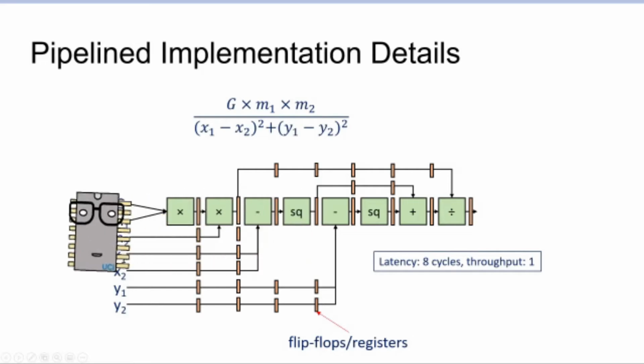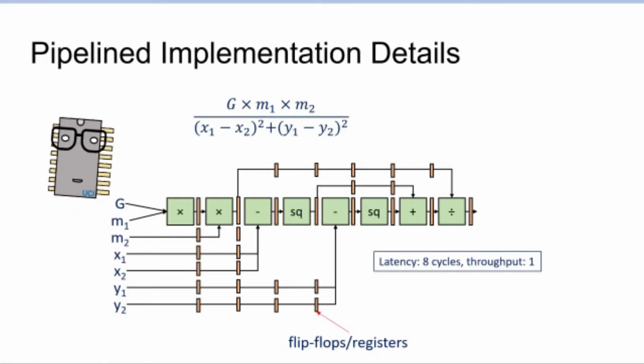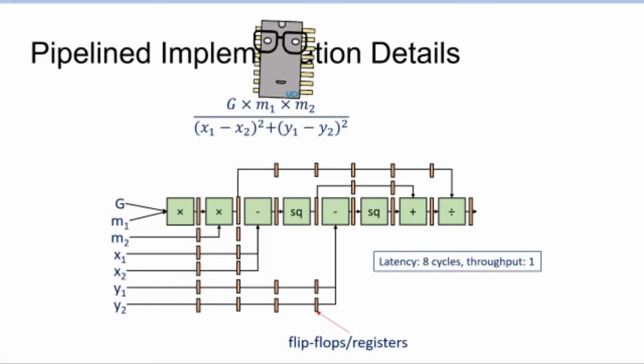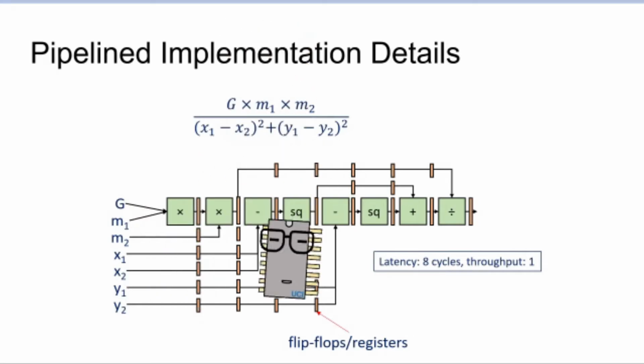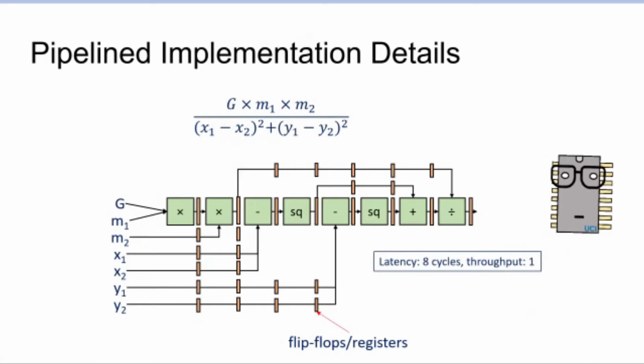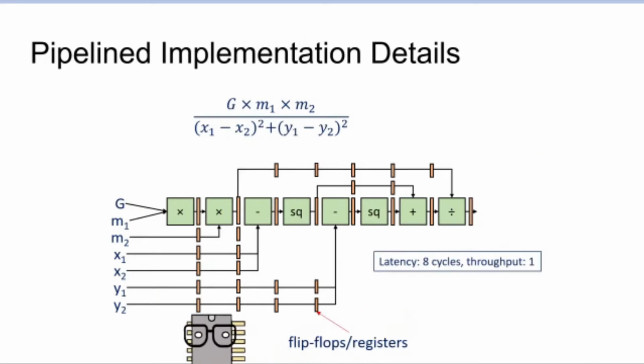Actually, pipelining the implementation can look a little bit like this. We have a pipeline of the multiplier, multiplier, subtractor, subtractor, and squares and all that stuff. But the interesting caveat here is that we need to have a balanced pipeline. We're going to talk about what exactly that is and how we can reason about it in a bit.